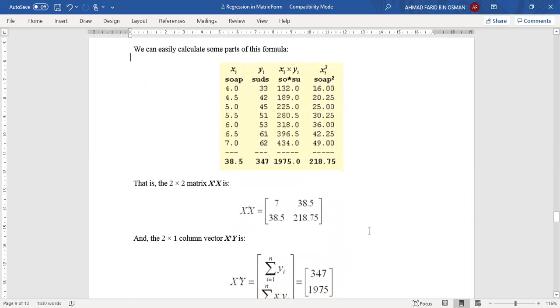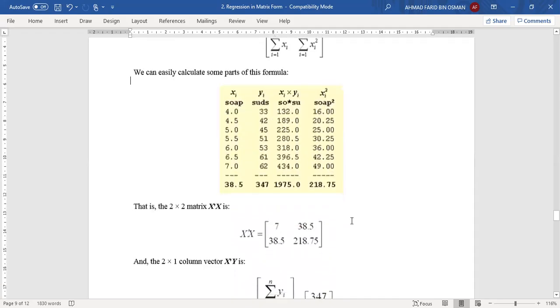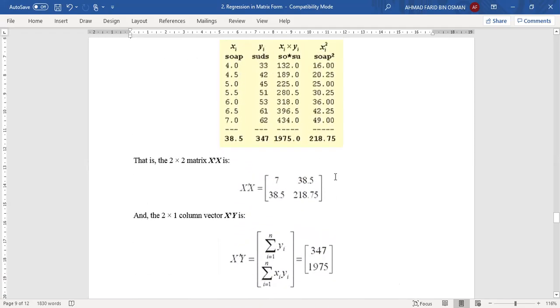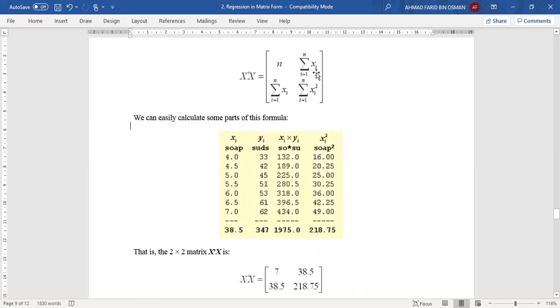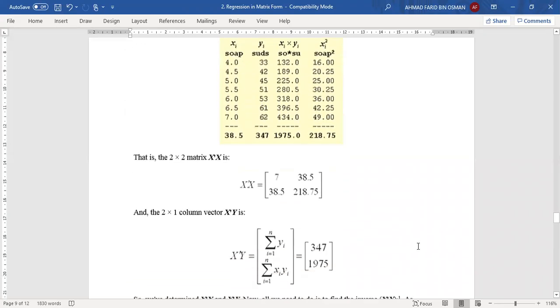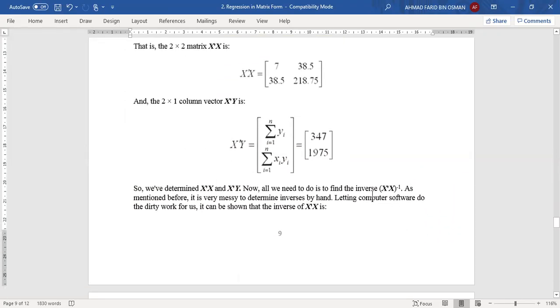So meaning that now, x transpose x for this example is equal to this: 7, sum of x 38.5, and sum of x squared 218.775. All right, and then how about x transpose y?